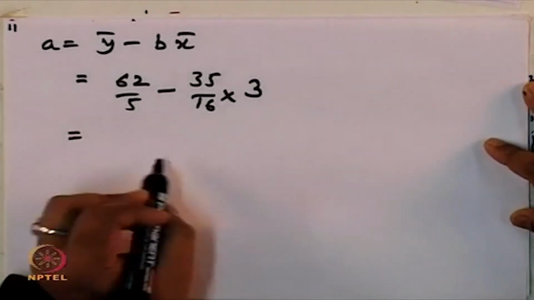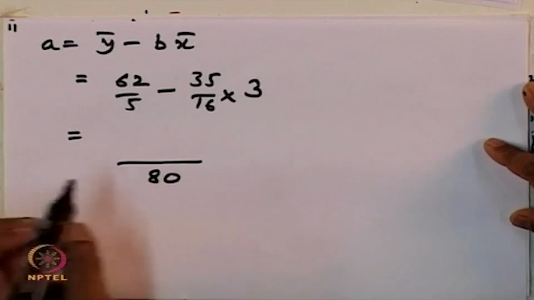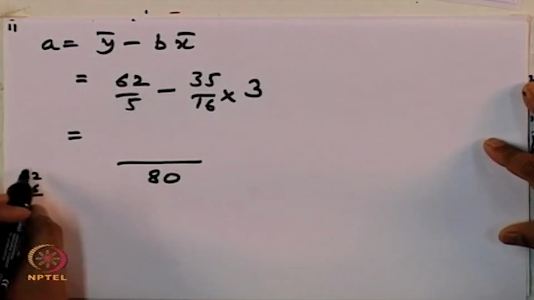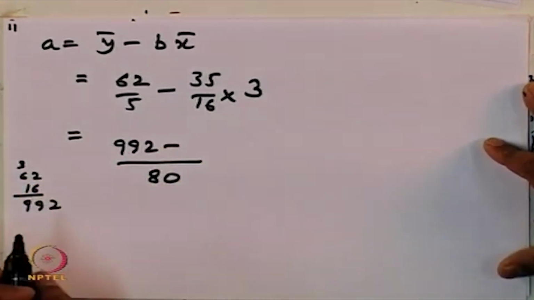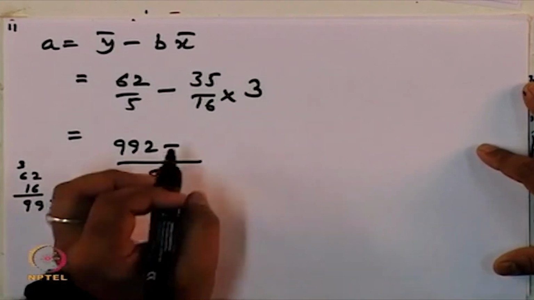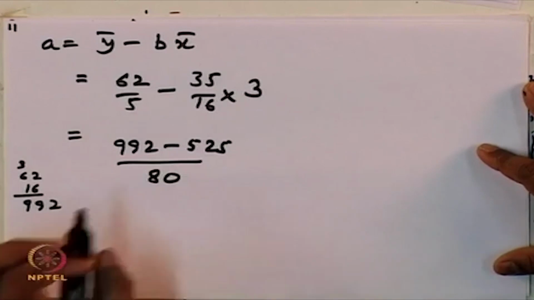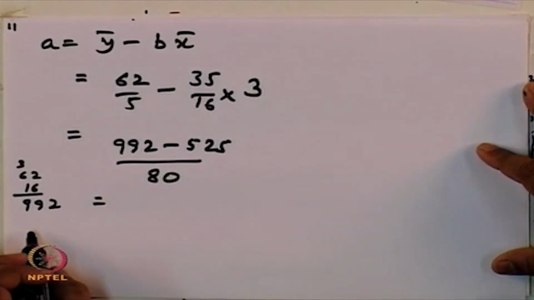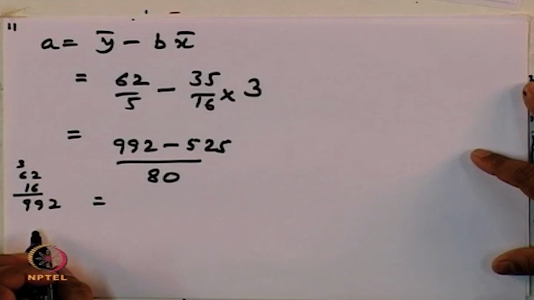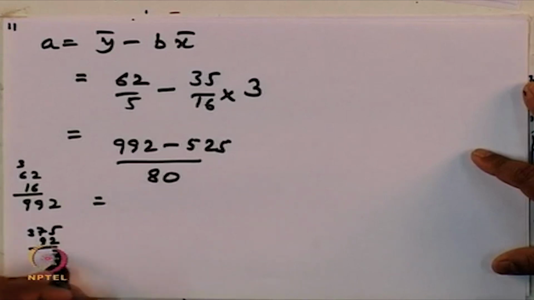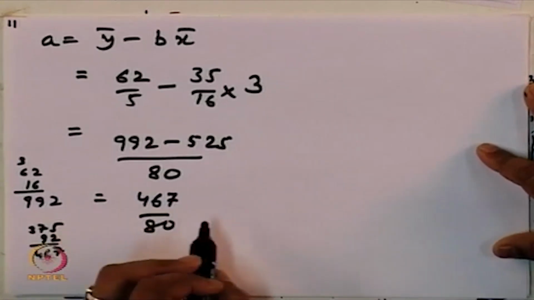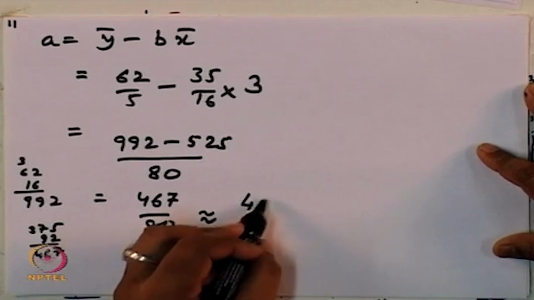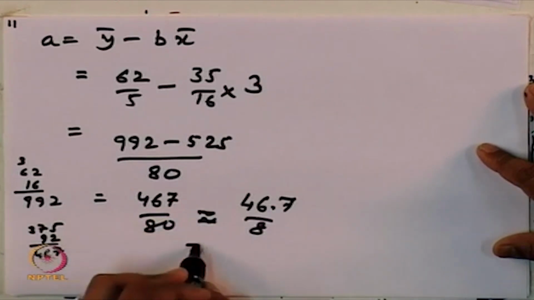So, I cannot cancel anything: 62 into 16 is 992, minus 525, which gives 467 by 80.